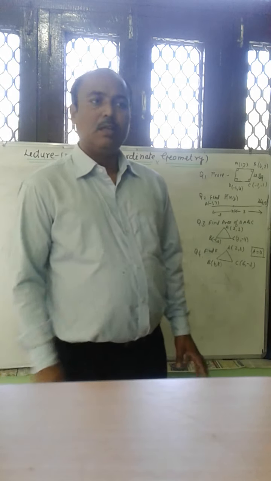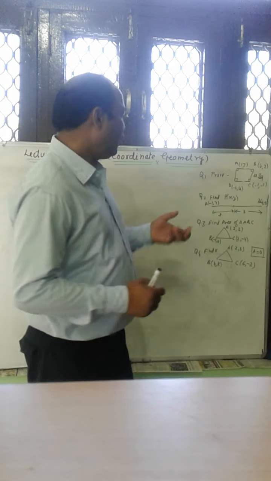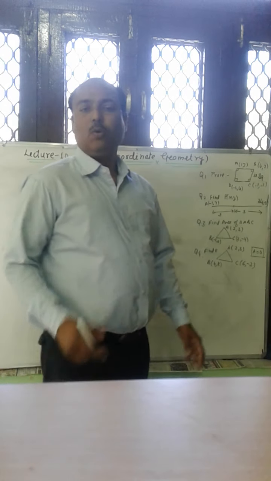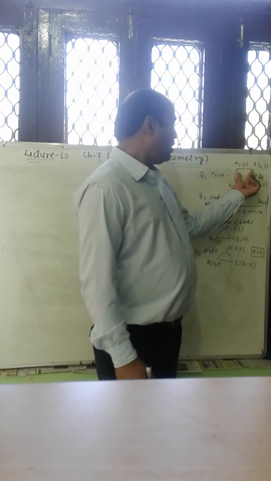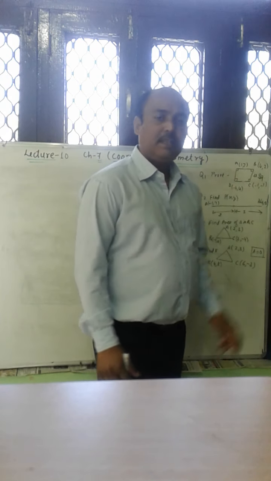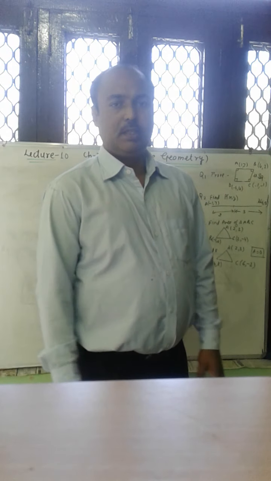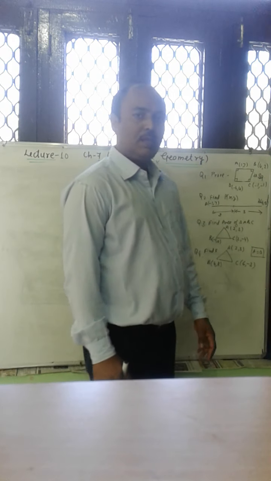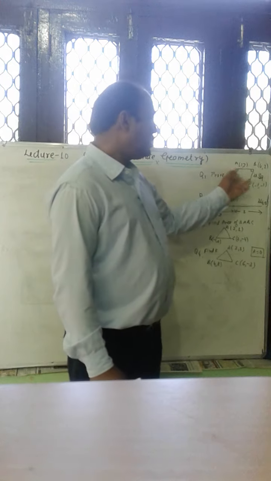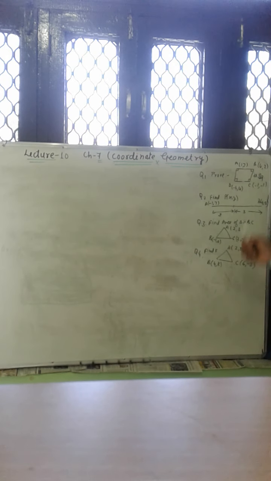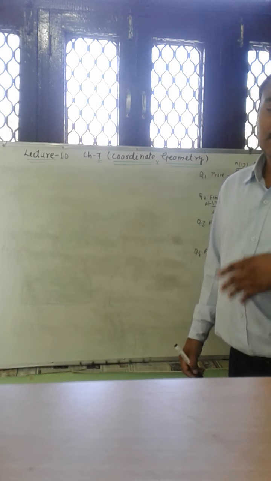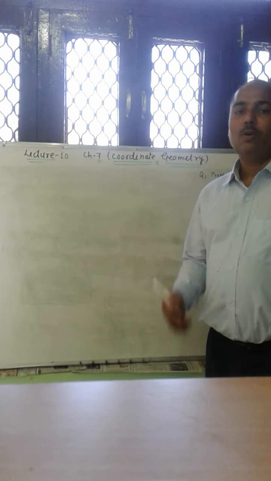In a square there are four sides, all sides are equal, and both the diagonals are also equal. If all the sides are equal and the diagonals are not equal, then this is the condition of a rhombus.